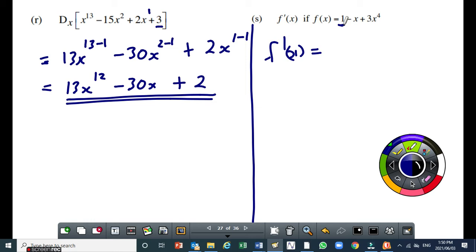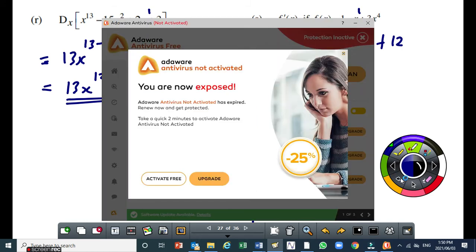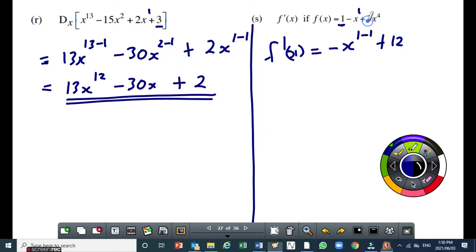Then the derivative of minus x: the exponent of that x is a 1, so it will be 1 times minus 1, you get minus 1 x to the power of 1 minus 1, plus 4 times 3, that's 12x to the power of 4 minus 1.